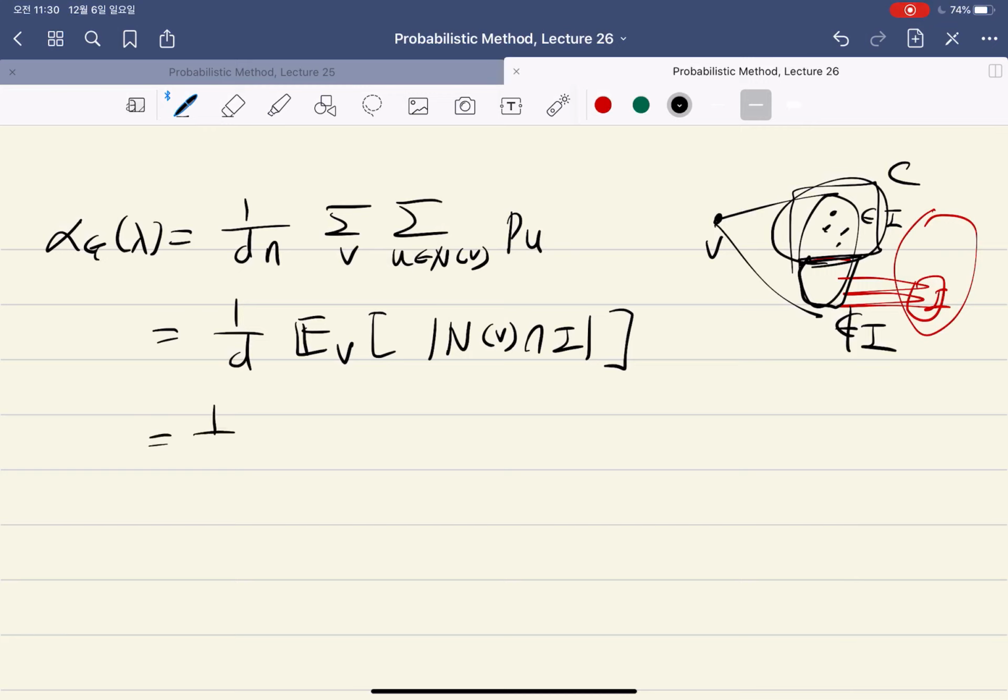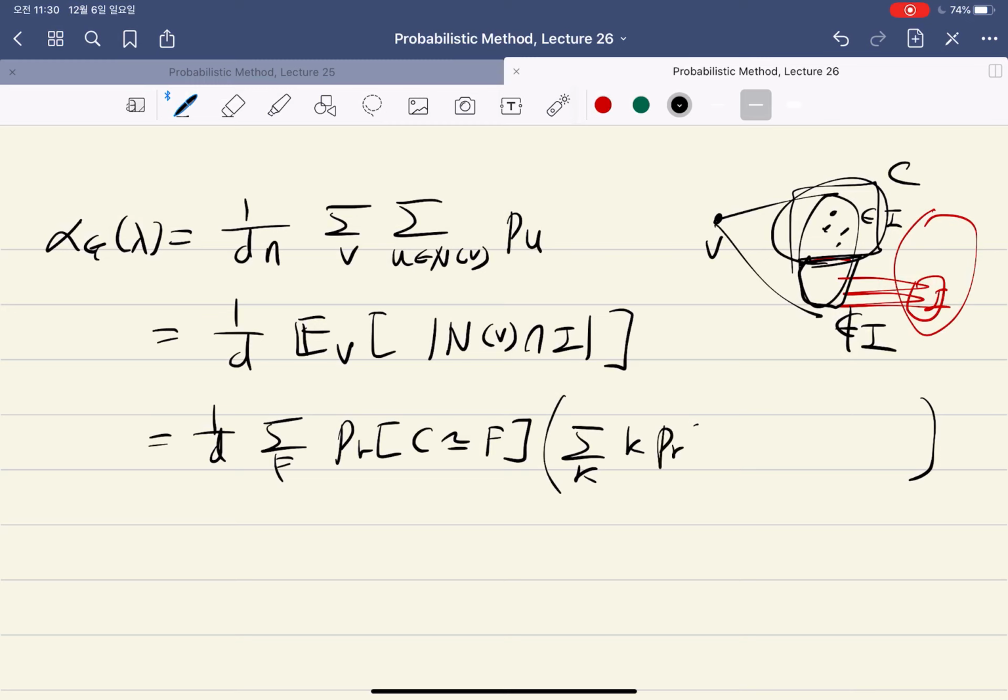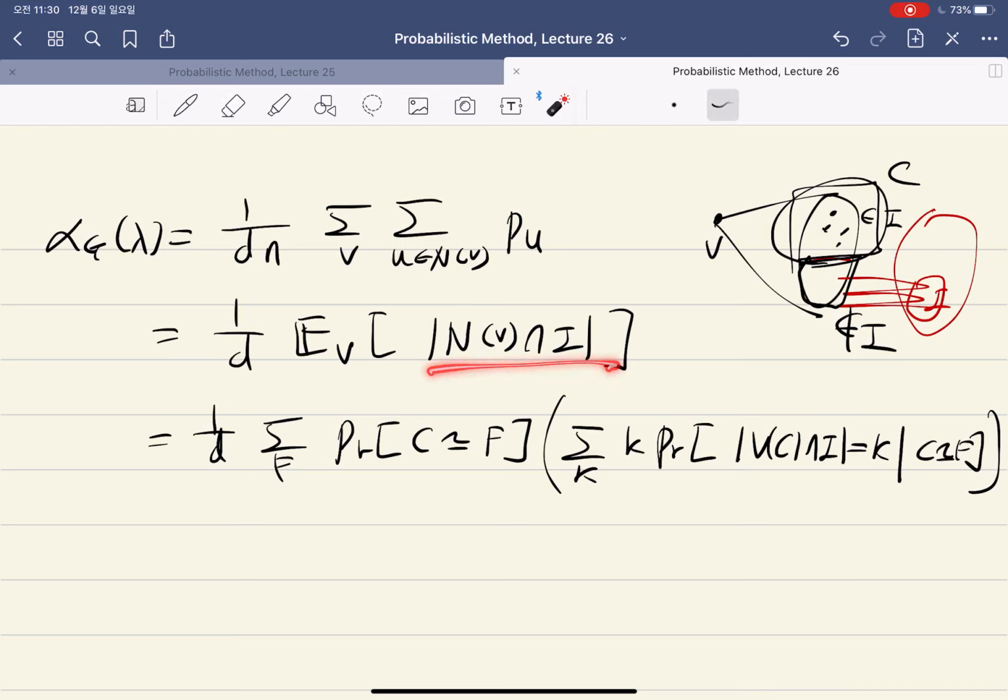So this can be rewritten as that you condition on all the C, and for this fixed C, you take the probability that K of them are chosen in I. So when this is K, then this is actually K. So we condition on this first and then on the condition.